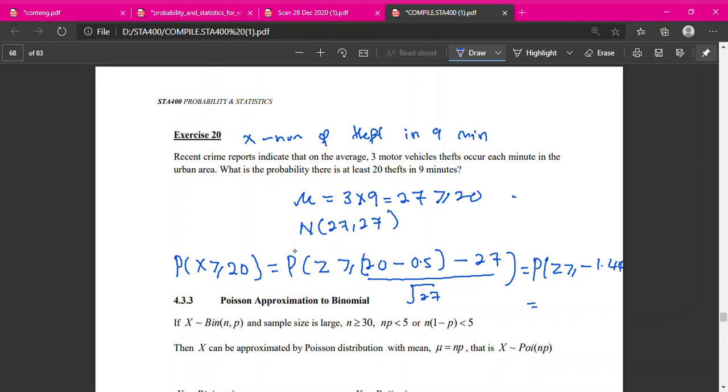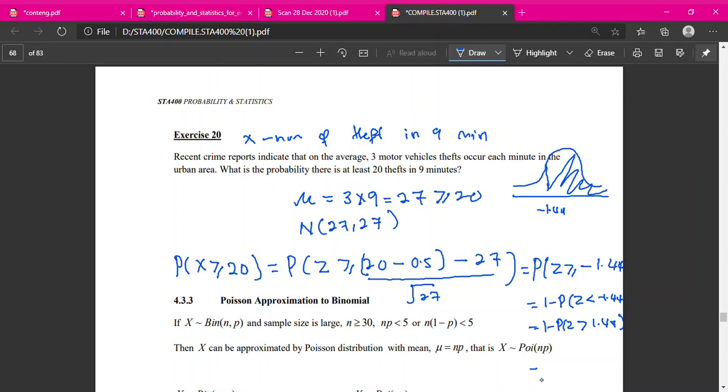Okay, so sebelah mana? More than negative. Di sini negative. So, kita nak semua ni. So, maksudnya 1 tolak probability of Z less than negative 1.44. Okay, so less than negative 1.44 sama juga dengan Z more than positive 1.44.